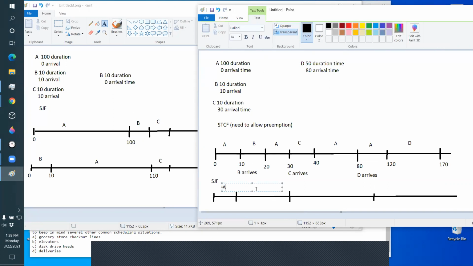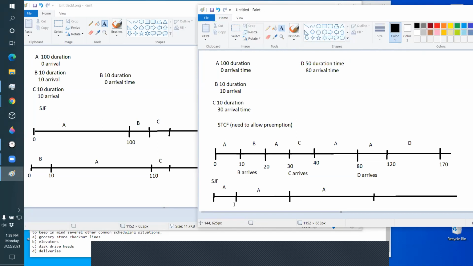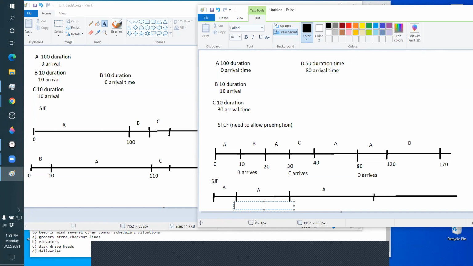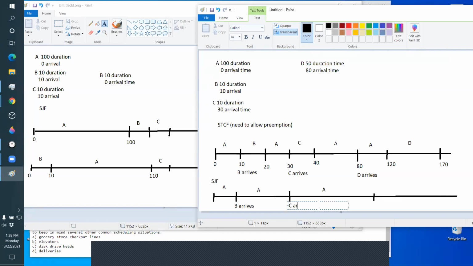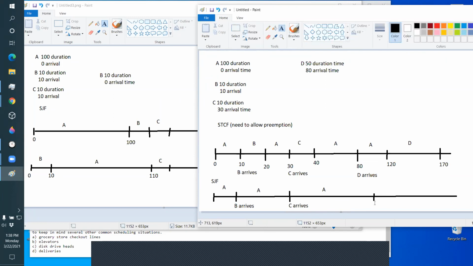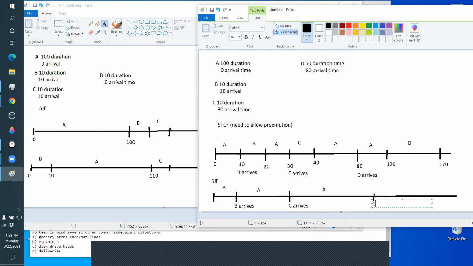So you're running A, you're running A, and you're running A, even though down here we have B arrives, and over here we have C arrives. Now, when A ends over here, this is time 100. When A ends, now we can make a scheduling choice.